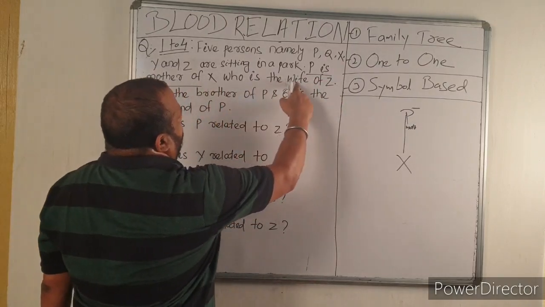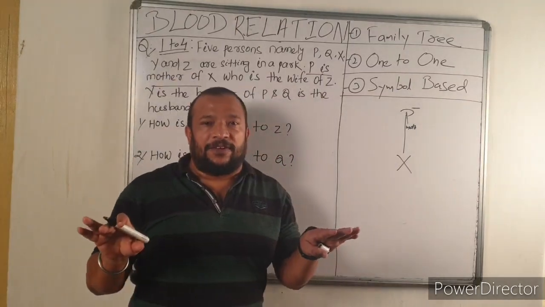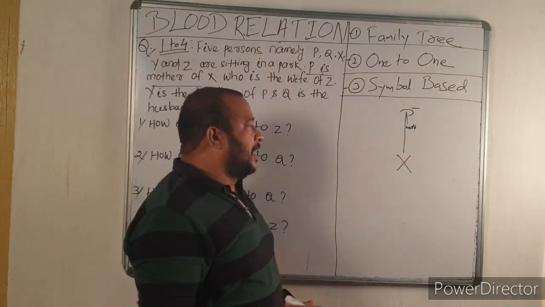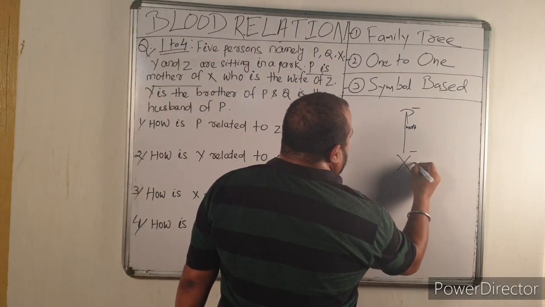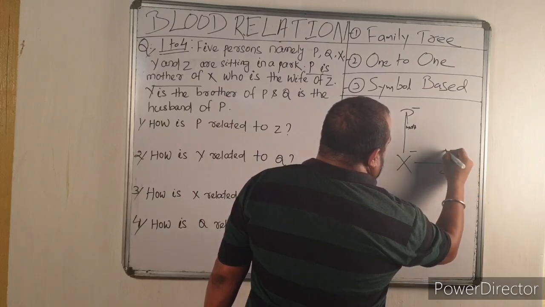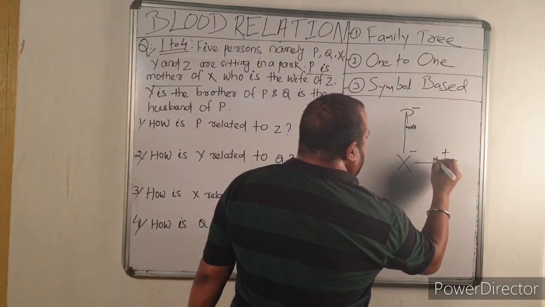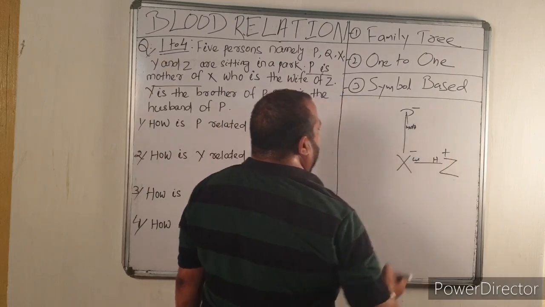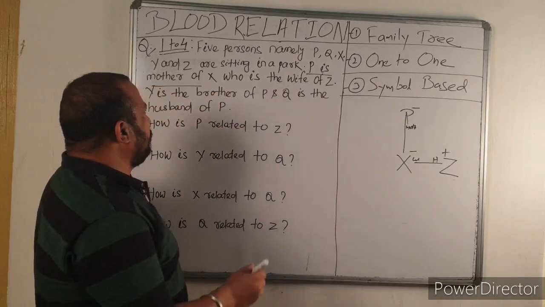X, who is the wife of Z. Husband and wife are in the same generation. X is the wife of Z. That means Z is the husband and X is the wife. X is female, Z is male.